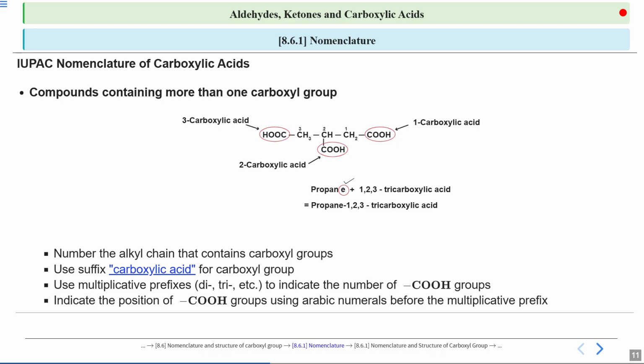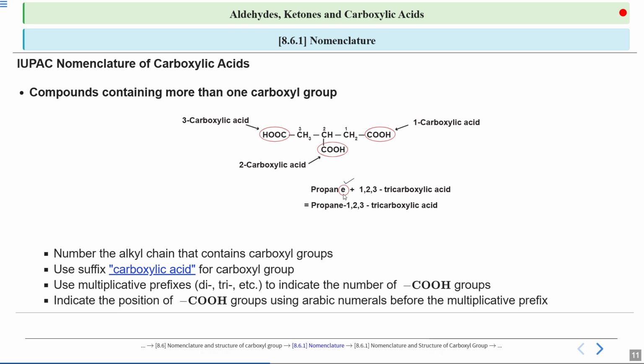So if you look at this particular name, let us see it one by one. First, we have numbered the alkyl chain, so we have 1, 2, and 3. Then we use the suffix carboxylic acid and the multiplicative prefix tri. So the name is propane-1,2,3-tricarboxylic acid.